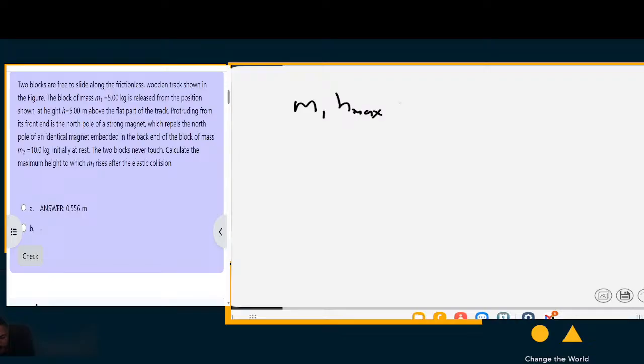This is what we want. The potential energy, M1 G H max, is going to be equal to its kinetic energy at that point. It's elastic. So one half M1 times V1F, the one that we just worked out, squared.